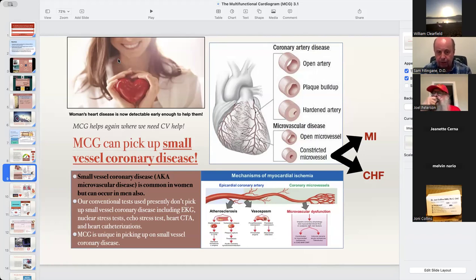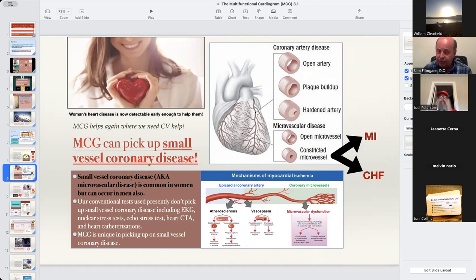And it's become a real problem because it creates not only problems that lead to heart attacks, but it's causing problems that lead to congestive heart failure, usually through the cardiomyopathy pathway. So small vessel disease has been off the radar for too long. We now have a mechanism in which to see it.